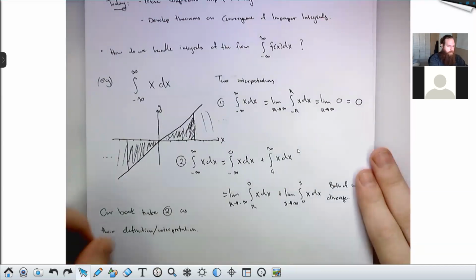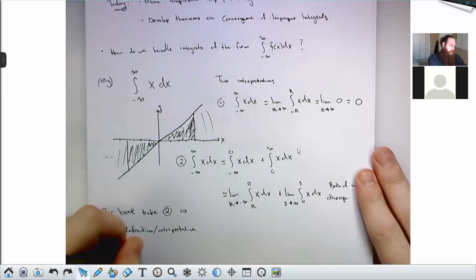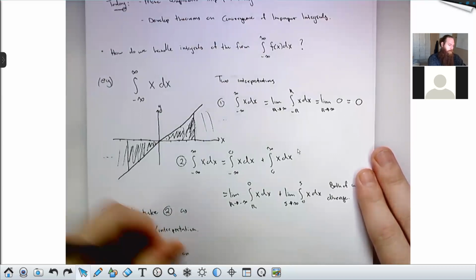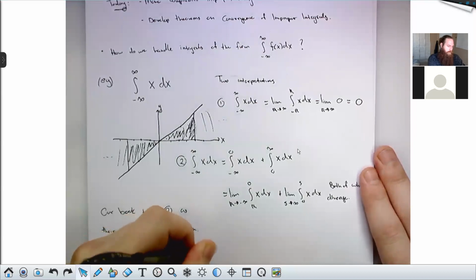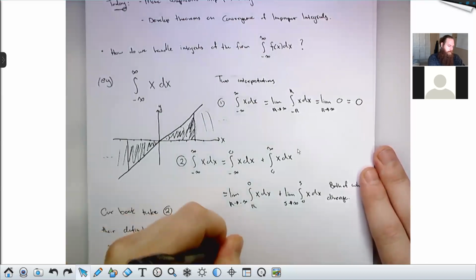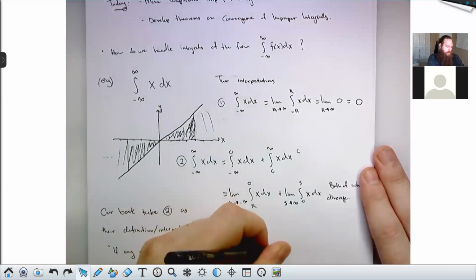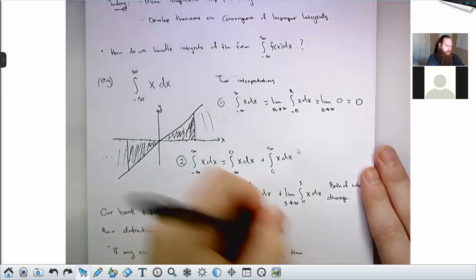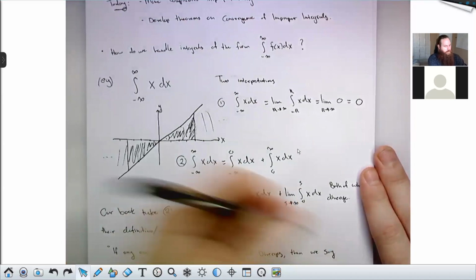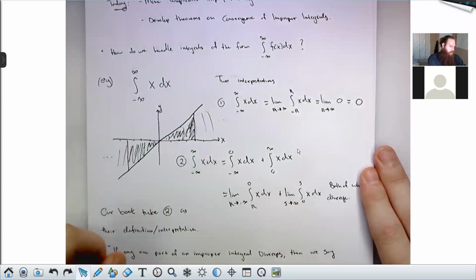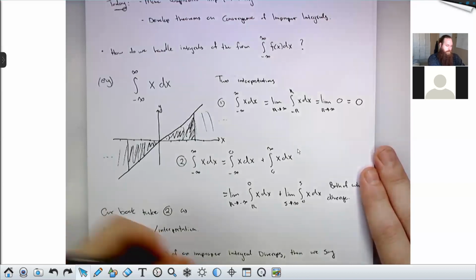And the thing you want to remember here is if any one part of an improper integral diverges, then we say the whole integral diverges.